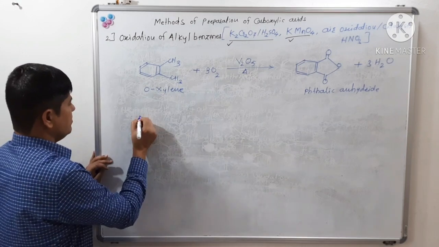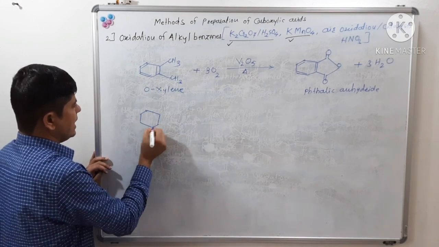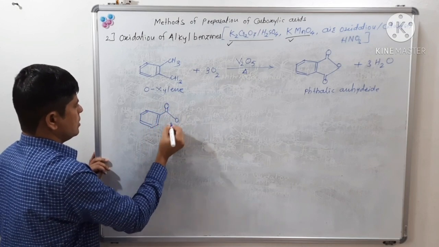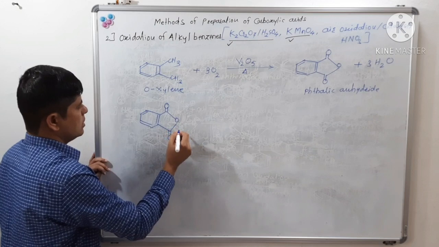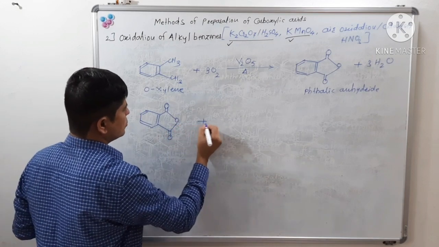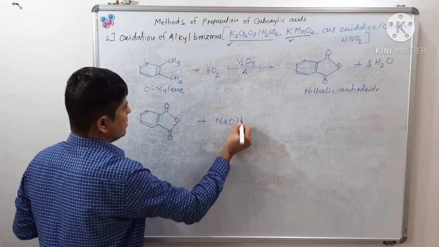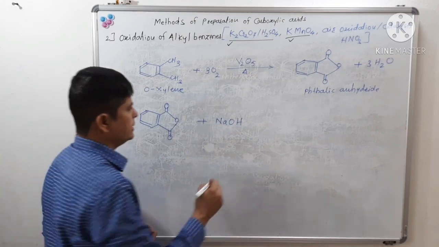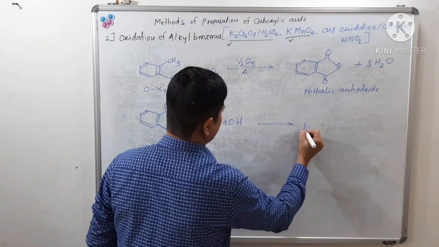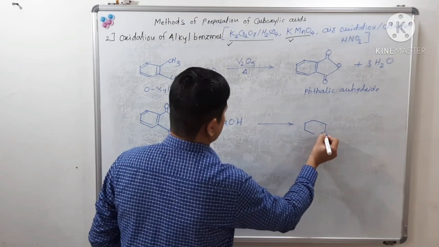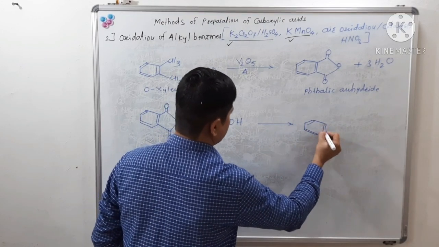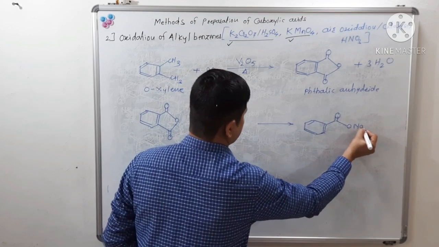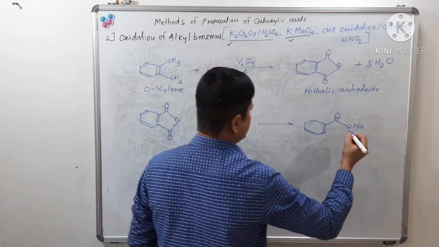Now see the next step. This phthalic anhydride is treated with sodium hydroxide to get the disodium salt of phthalic acid, disodium phthalate.